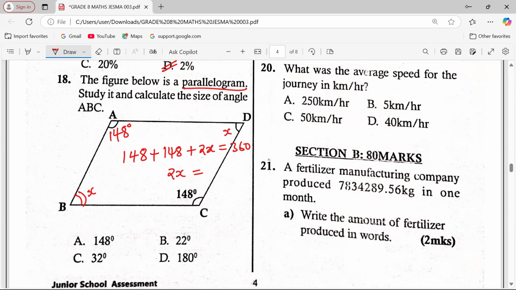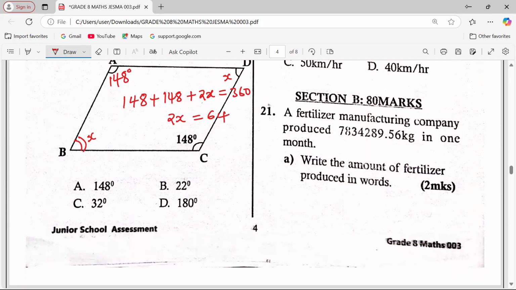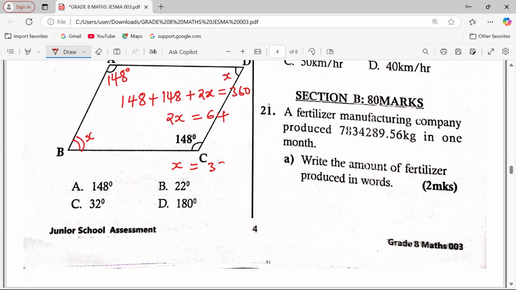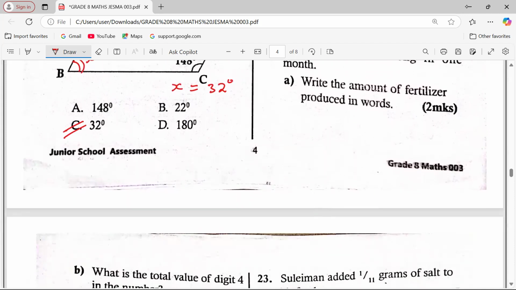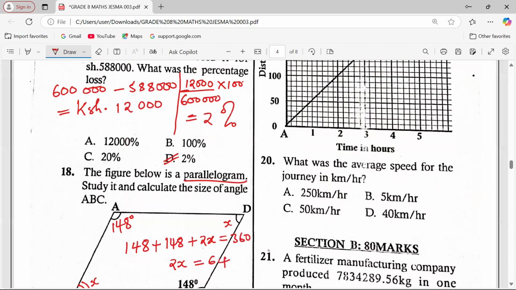Then we say this is equivalent to 360 minus the combination of 148 and 148. So this is going to be 64. Now that this is 64, we can remain with x by dividing through by 2. We get 32 degrees. That is how we solve that particular part.